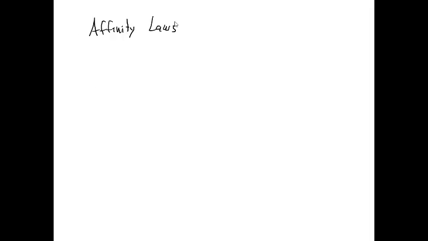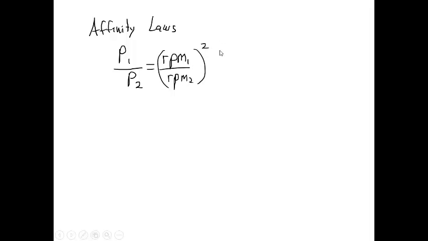The affinity laws for fans are more or less the same as they were for pumps. Basically, the ratio of the new pressure over the old pressure is equal to the new RPM speed over the old RPM speed squared.